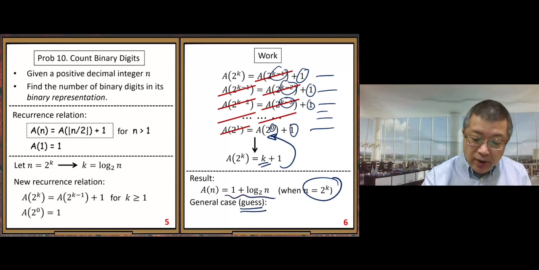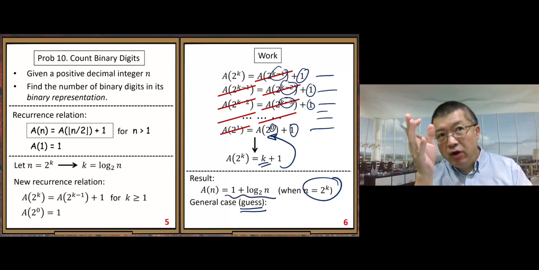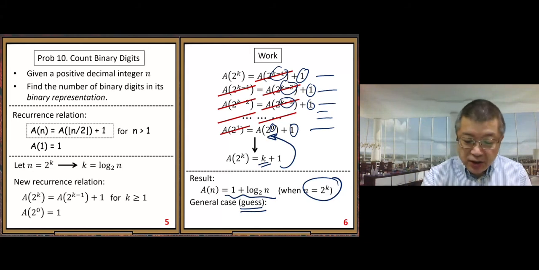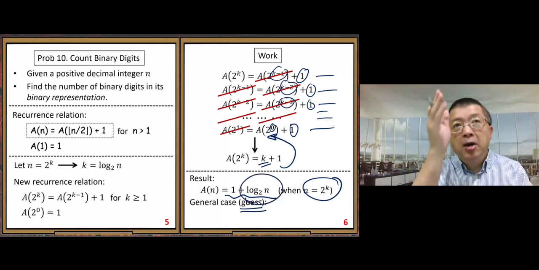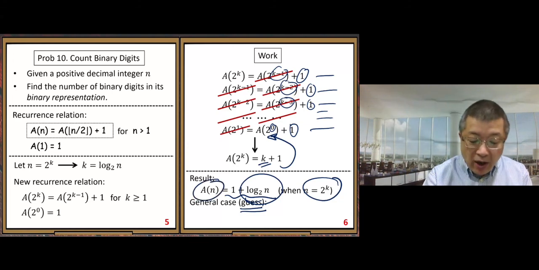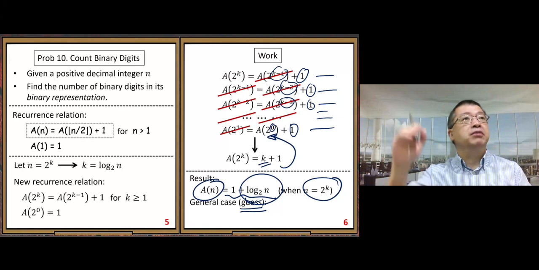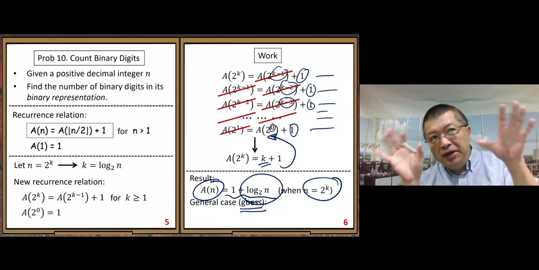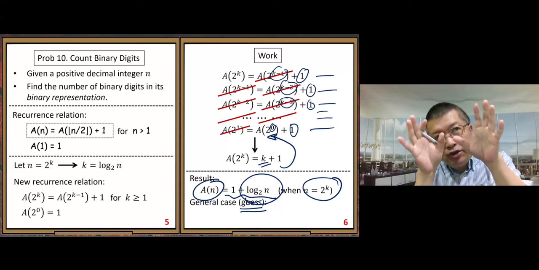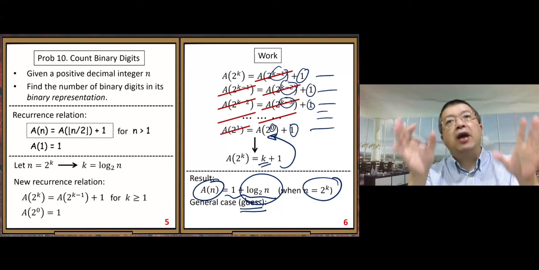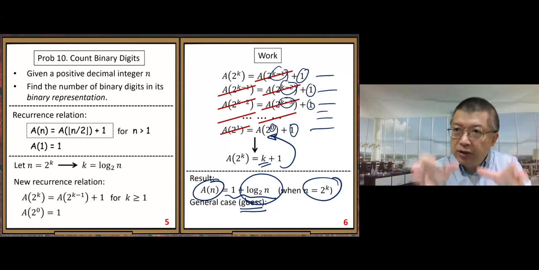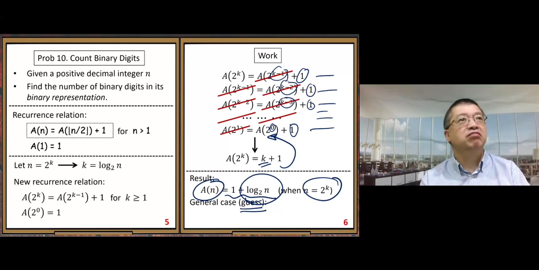When you see this formula, can you guess a reasonable formula for the general case? In the general case, log base 2 of n may not be an integer, but our a of n must be an integer. How do you make that non-integer representation an integer representation? Force it to an integer representation.